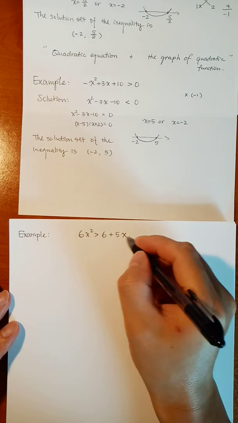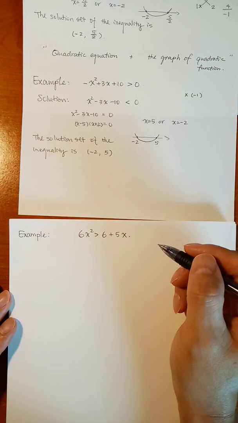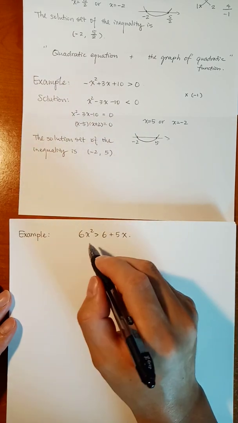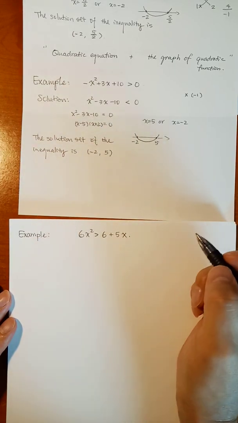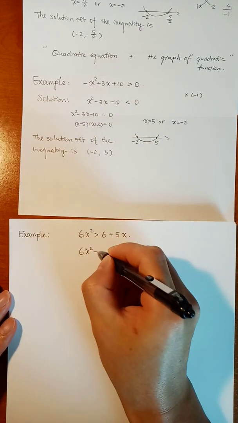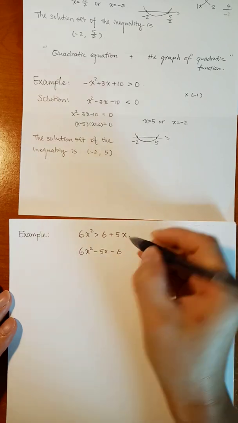We're looking for the solution set of this inequality, not equation. So how do we do that? We move all the terms to the left side.